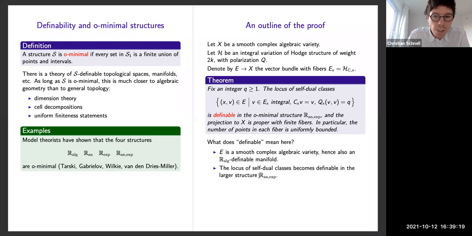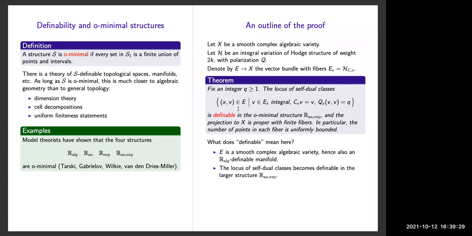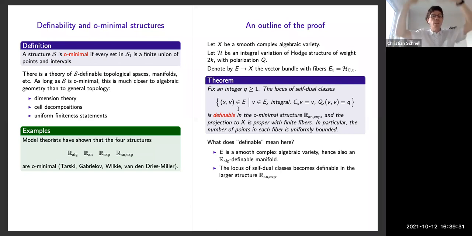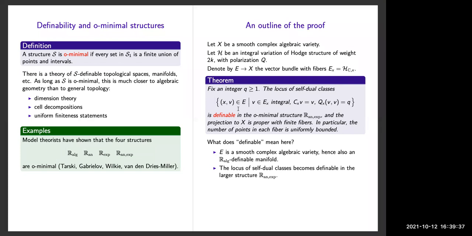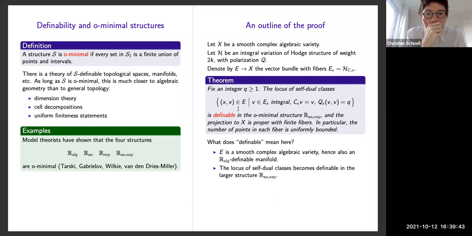Then I enlarge the structure to Rnx, and then in that manifold, which is definable over Rnx, this subset is a definable subset. So when you say definable, originally it's a notion about sets in R to the n. I have to have some ambient space in which I'm defining. This is what you need to make sense of this definability. Yes, exactly. Thank you.